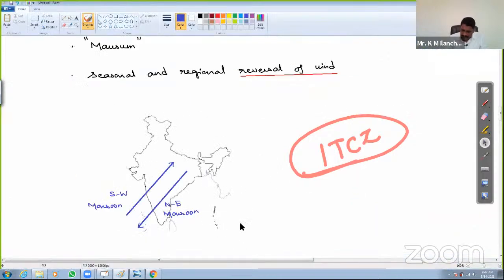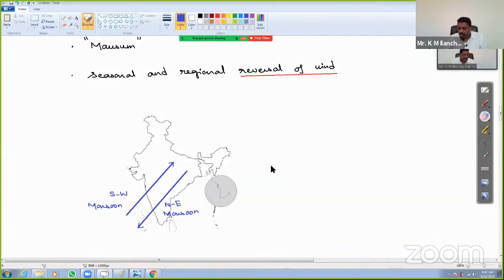What do you mean by ITCZ, my friends? InterTropical Convergence Zone, yes, good. ITCZ, you call it the InterTropical Convergence Zone, accepted. Okay, you know what ITCZ is.